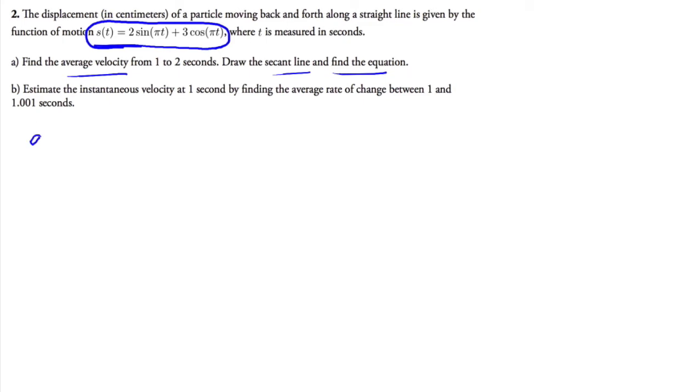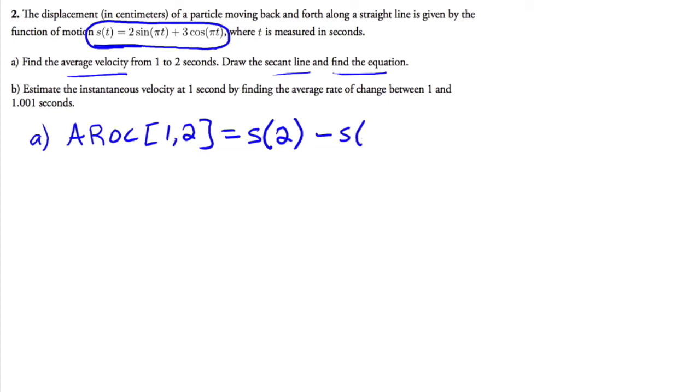Okay, so to find the average velocity or the average rate of change between 1 and 2, we need to plug in s(2) minus s(1) over 2 minus 1. So s(2) is 2 sin(2π) + 3 cos(2π).